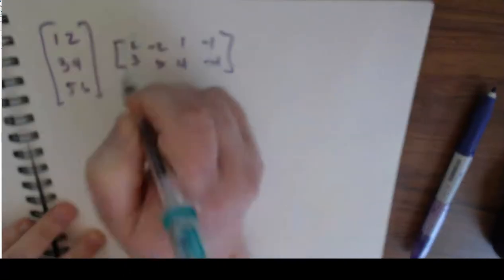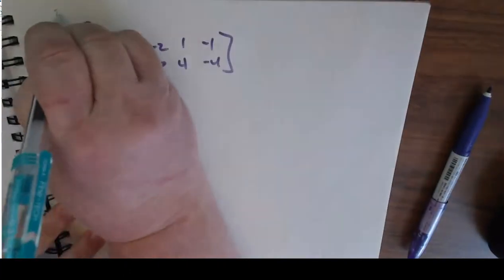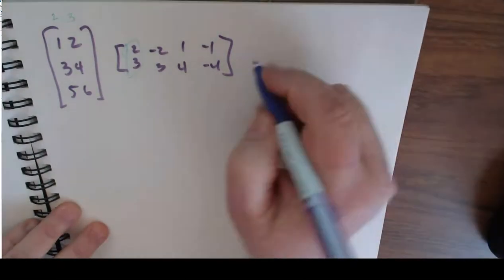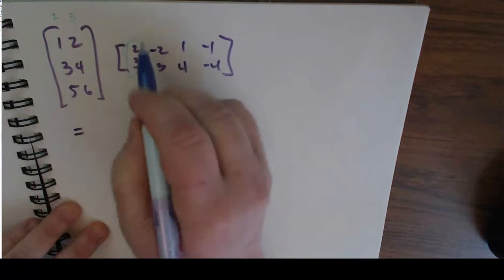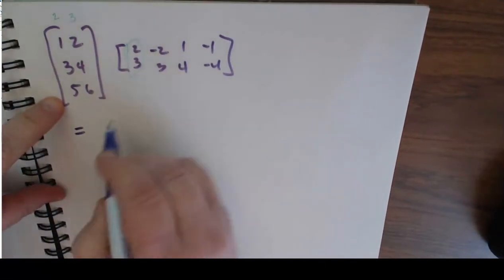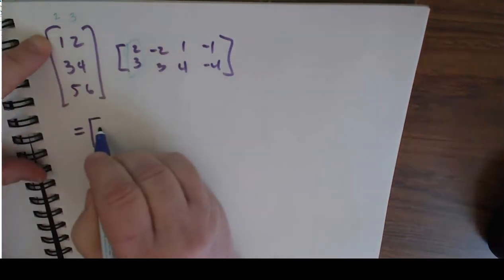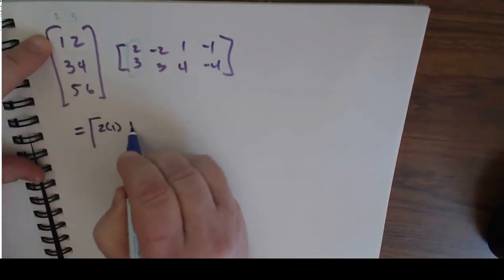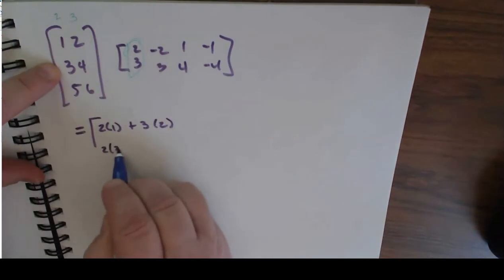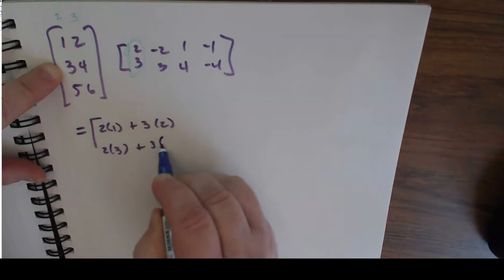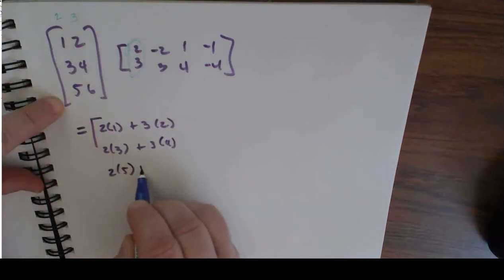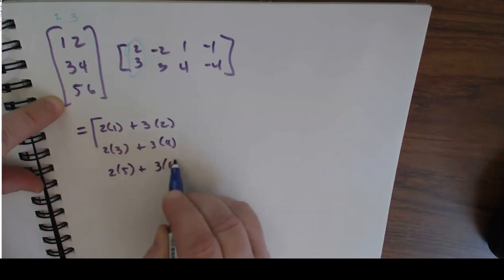So in my mind, I take 2 and 3 and stick them up here. So this first column has to go down all the rows. I have 2 times 1 plus 3 times 2, then 2 times 3 plus 3 times 4, then 2 times 5 plus 3 times 6.